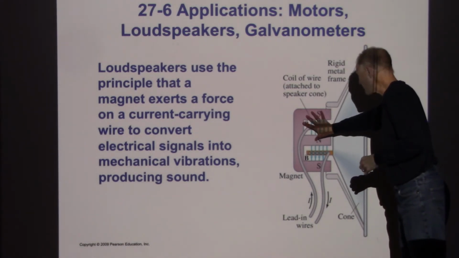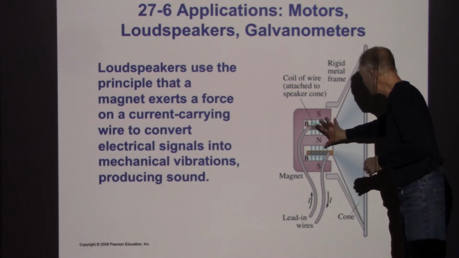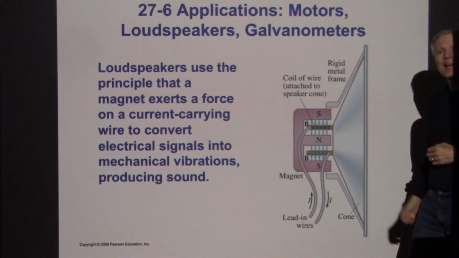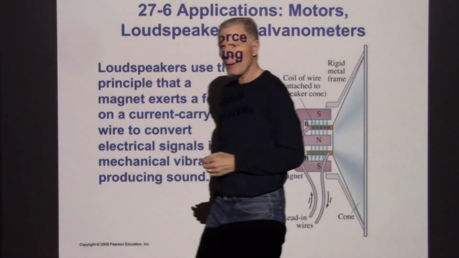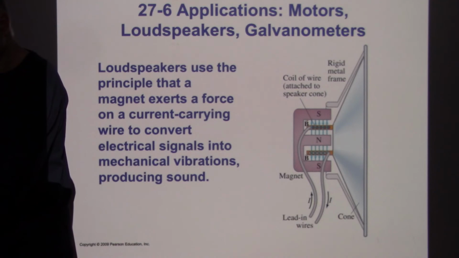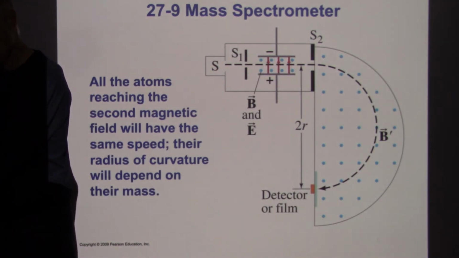And then there are those really nice magnets, and if we can match the vibrations of the diaphragm on the speaker, that's going to generate a sound that faithfully reproduces what has been recorded. So another really good application.